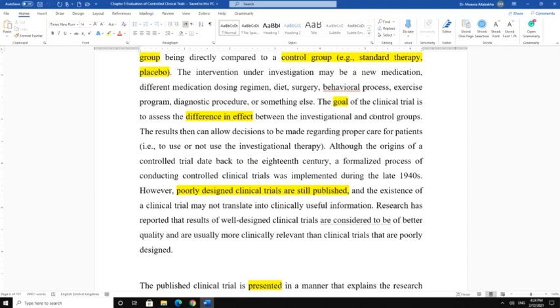Okay, so in the 1940s we started to have a formalized process for conducting clinical trials. Even though there is this process, still we see poorly designed clinical trials that are published. It means that you as a pharmacist need to be able to distinguish poor clinical trials from good quality clinical trials.